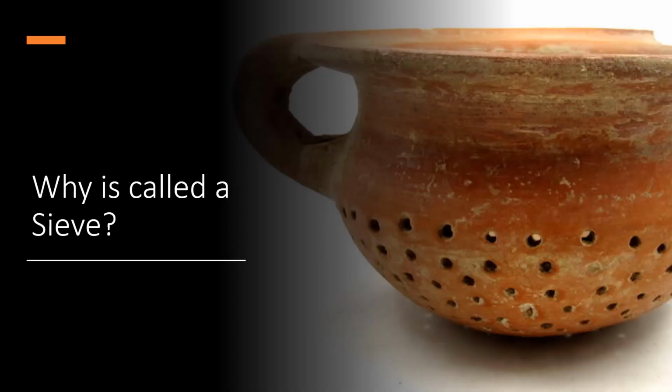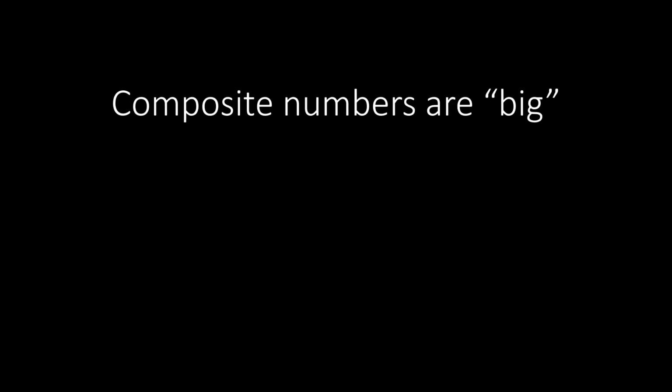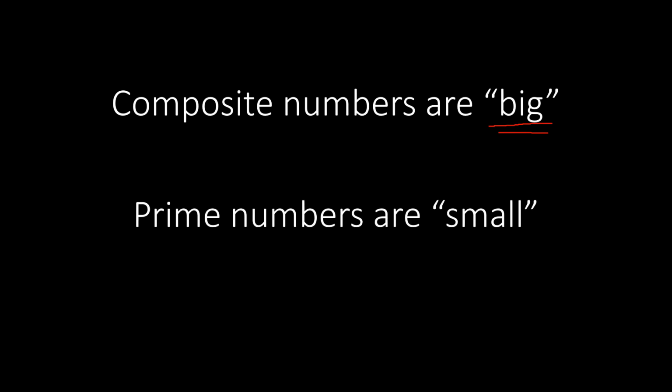Now, why is it called a sieve? A sieve is something like you see right there. It basically filters out the small portions from the big portions. We're going to consider, for example, the composite numbers as big, in the sense that they have more than 2 divisors, and the prime numbers as small, in the sense that they have only 2 positive divisors.